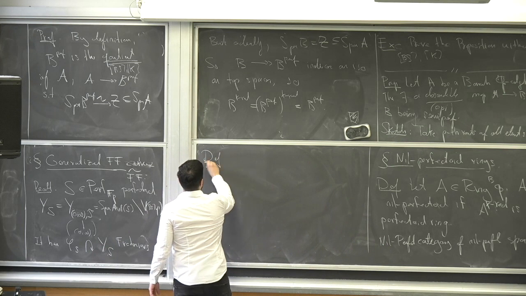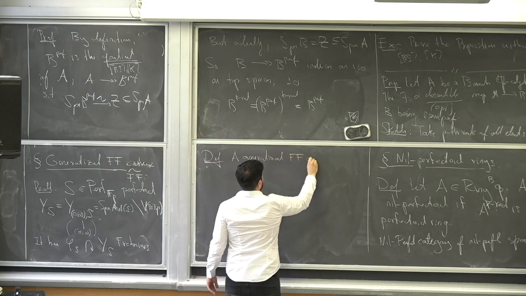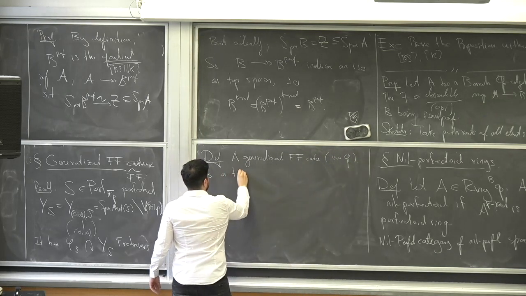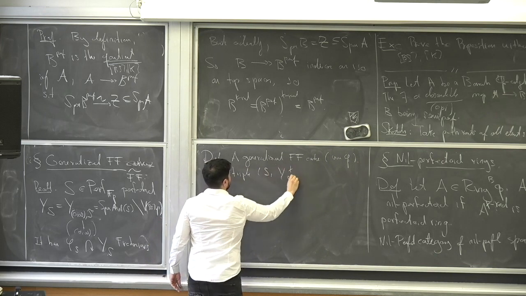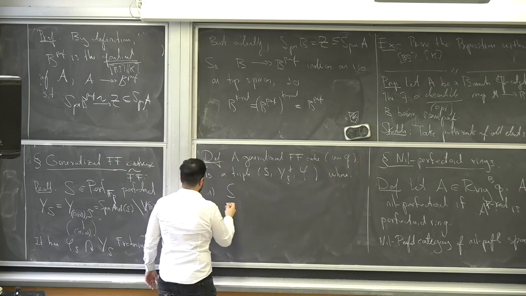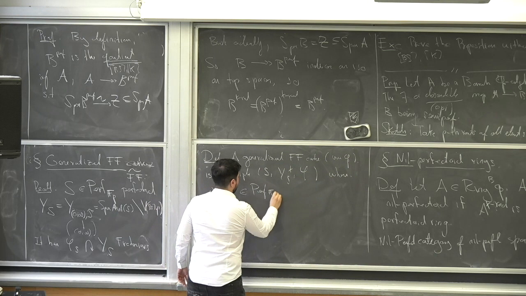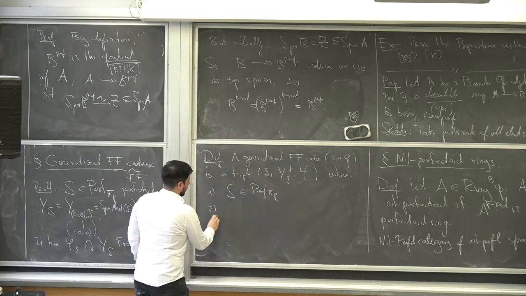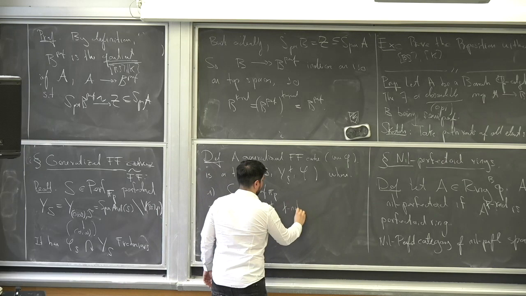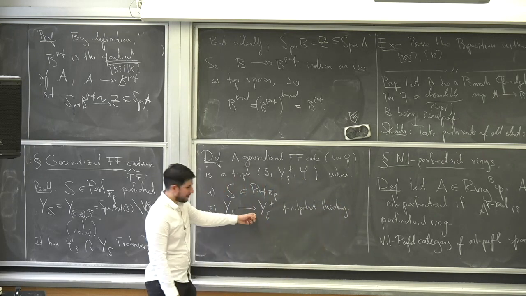Definition: a generalized Fargues-Fontaine curve is a triple (S, Y_S dagger, Frobenius), where we fix again our perfect space S in characteristic P. We have some kind of nilpotent thickening, like the perfect space that we had before.